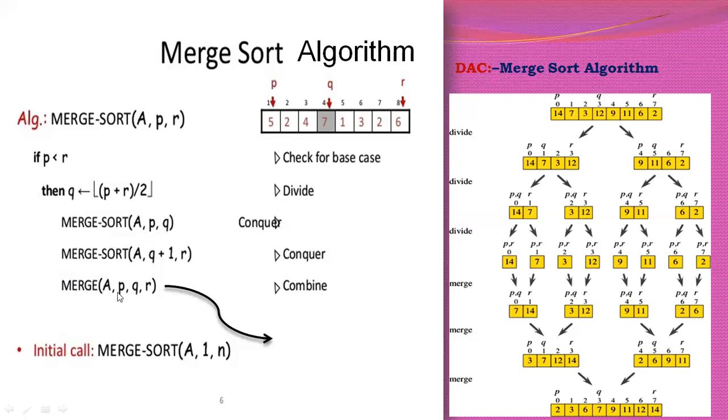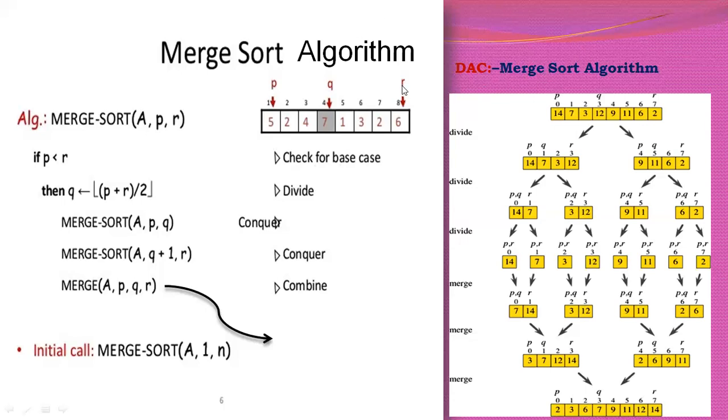So we sort the elements from P to R. That means the entire array elements are sorted, and we will get the resultant array, in which all the elements are in sorted order. In this way, we can solve the merge sort algorithm by using the divide and conquer algorithm design technique.